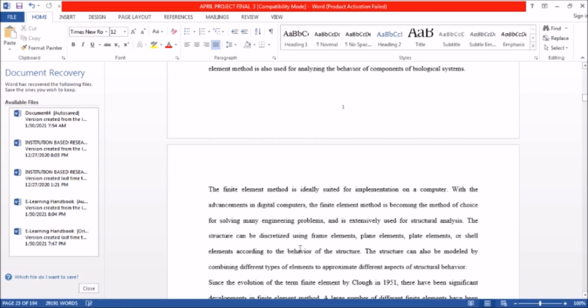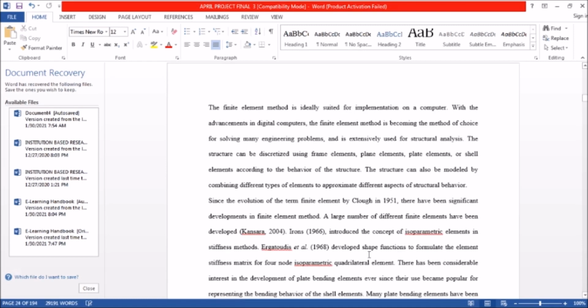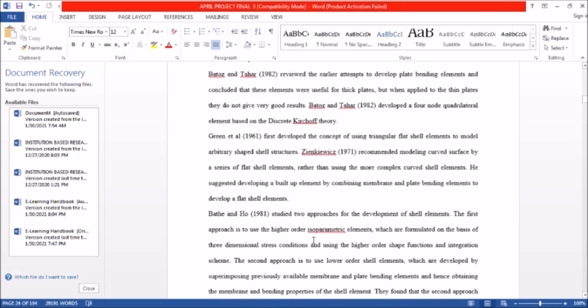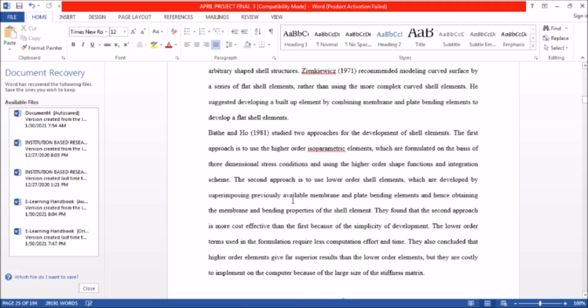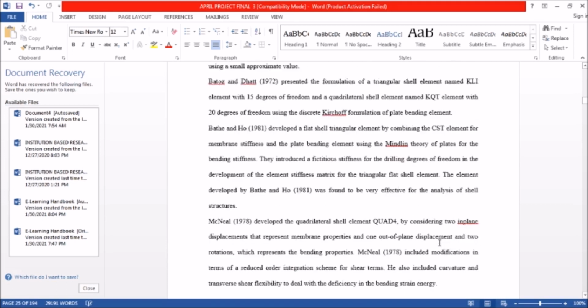Because if you take a look at most projects, you always have a recommendation at the end of the project, and that recommendation is trying to encourage a prospective researcher to continue from where the previous one stopped. So all the work presented by the previous researchers forms the background of your work.